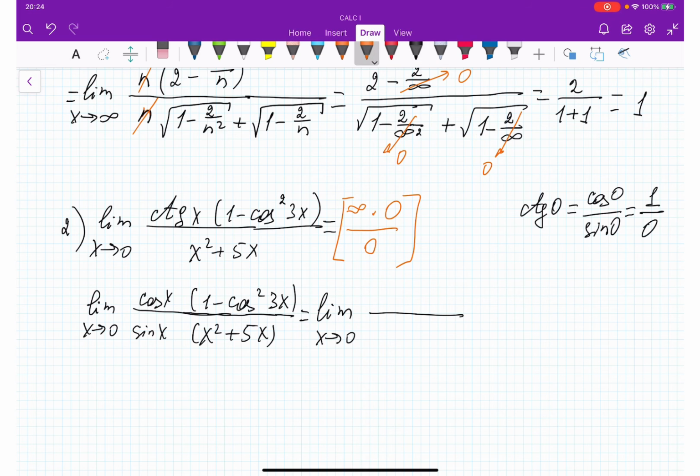So cosine will be gone because it is 1. We are going to have under the limit 1 minus cosine squared 3x over sine x times x squared plus 5x. So we brought it to the indeterminate form 0 over 0.